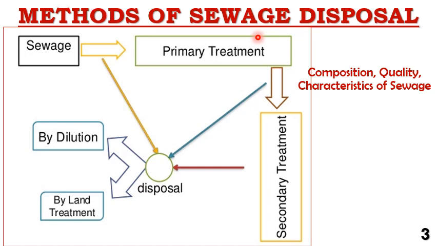Sewage disposal depends on the quality of sewage, before and after its treatment. Based on this quality and characteristics, we can dispose the sewage. Sewage is the municipal wastewater generated from residential areas. In the beginning it goes to the treatment plant.